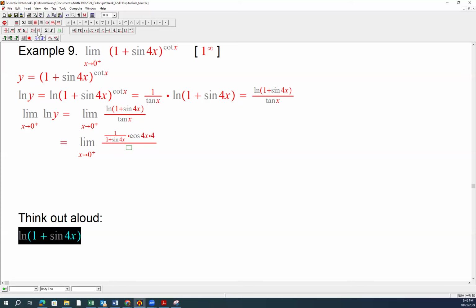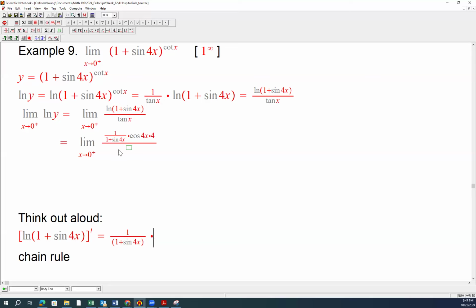Okay, derivative of the top is a chain rule. So differentiate ln, which is 1 over the bologna, right?